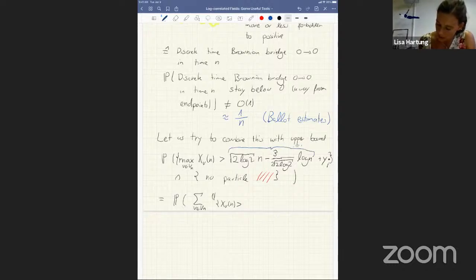We call this m of n plus y. And we want x_v at previous levels, and now I will be sloppy here, because I don't really want to worry about all these log stuff and so on. I will just say this should be smaller than square root 2 log 2.